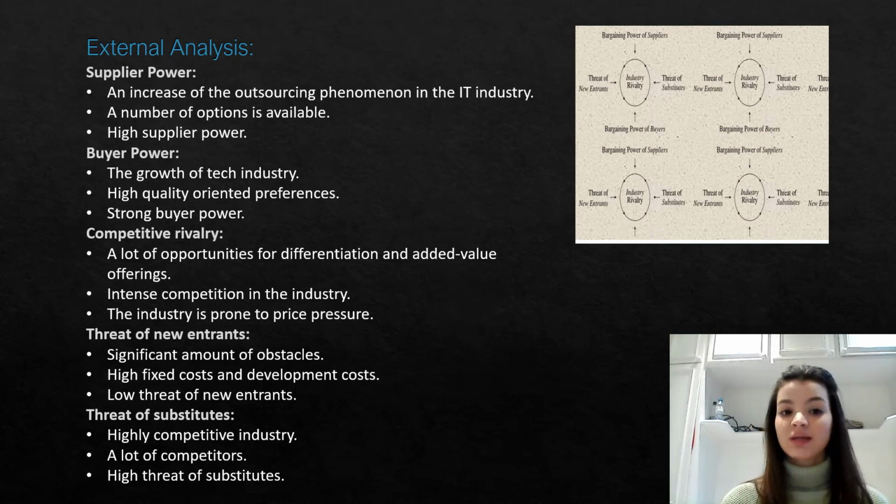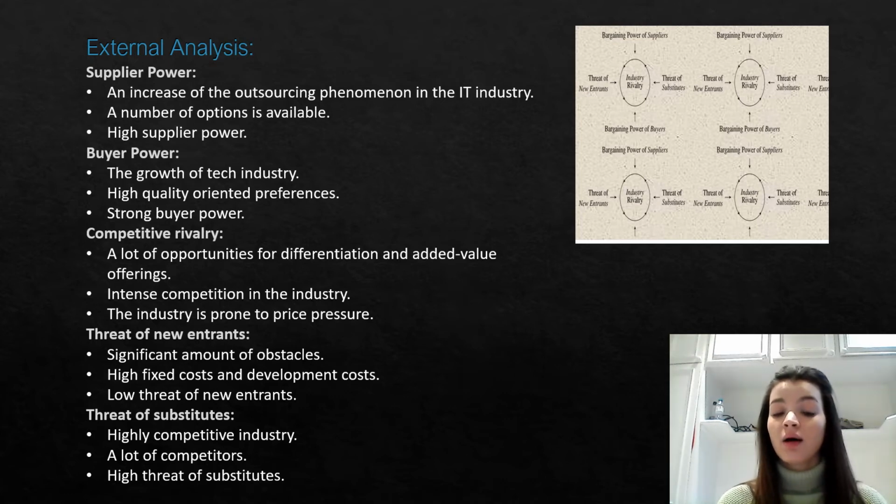And then threat of new entrants. If we're talking about companies that want to enter this industry, we can say that there is a significant amount of obstacles. An example of that can be high fixed costs and development costs, and therefore that can give us a very low threat of new entrants.